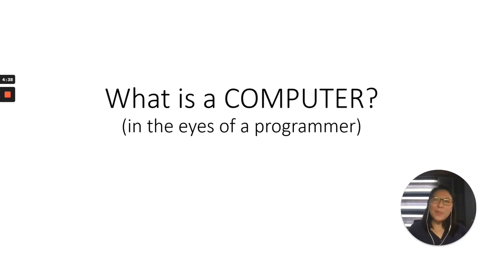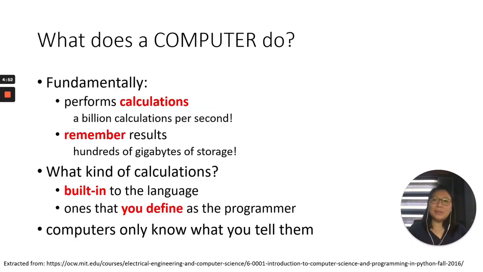But then, what is a computer in the eyes of a programmer? So, since we are to be future programmers, let's dig into it deeper. So, what does a computer do? Fundamentally, computer performs calculations, and it's good at it because it can calculate with high accuracy, and it's fast in calculations.